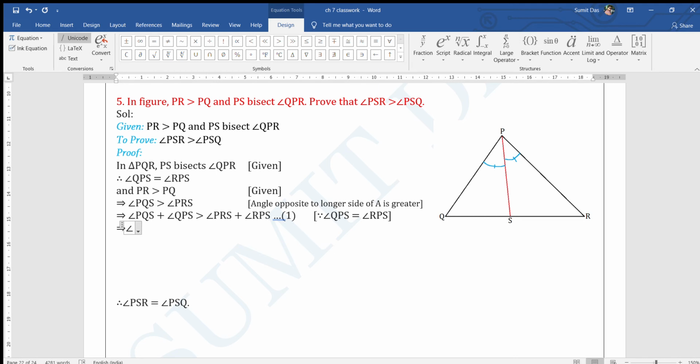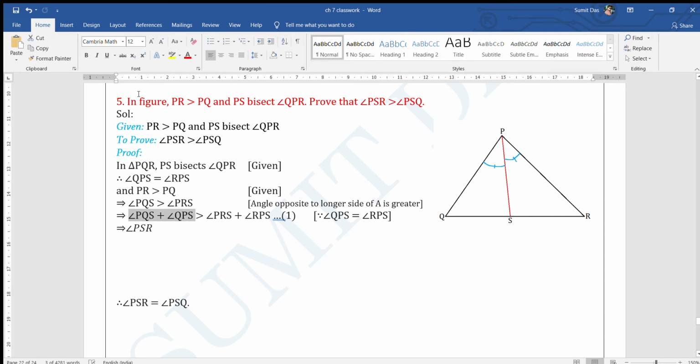PQS plus QPS equal to, can I write PSR? Let me know one thing. PQS angle, this angle, plus QPS, this angle, equal to, can I write PSR?